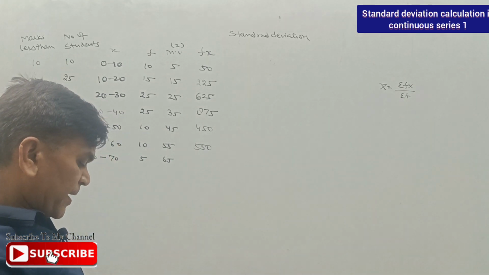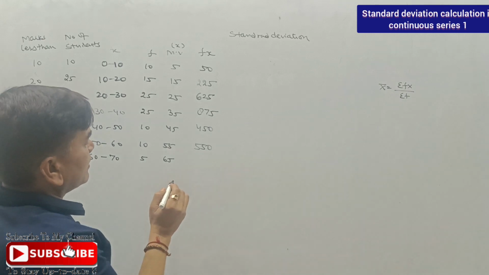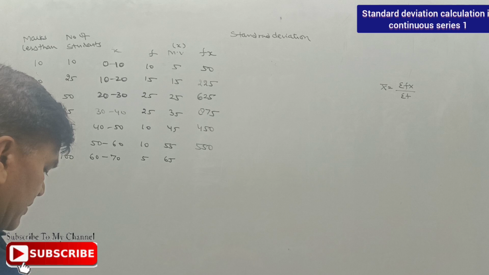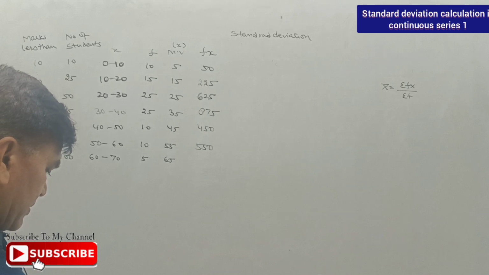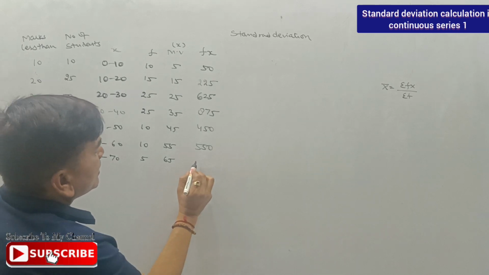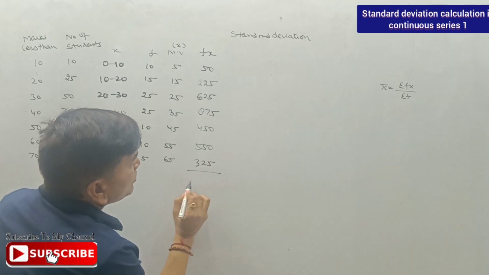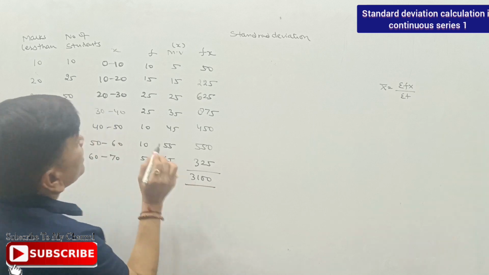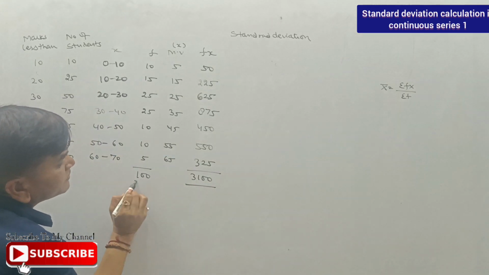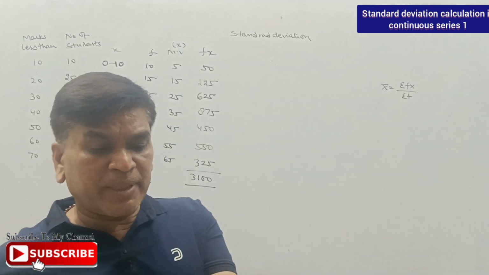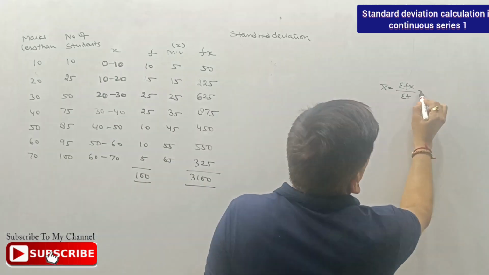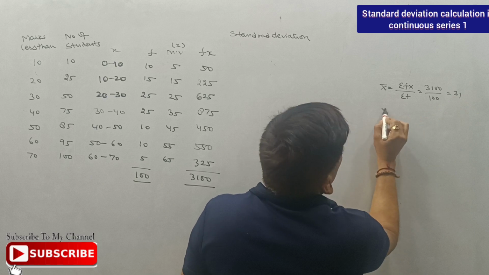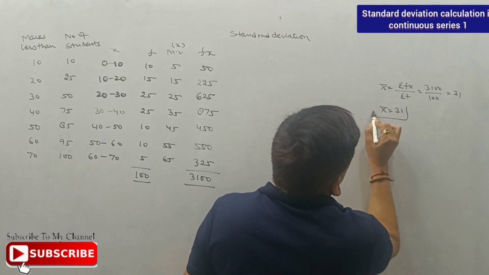And 5 multiplied by 65 is 325. The addition of all these items is 3100 and the addition of frequency is 100. So for calculating the arithmetic mean, 3100 divided by 100 is 31. So the value of the arithmetic mean is 31.